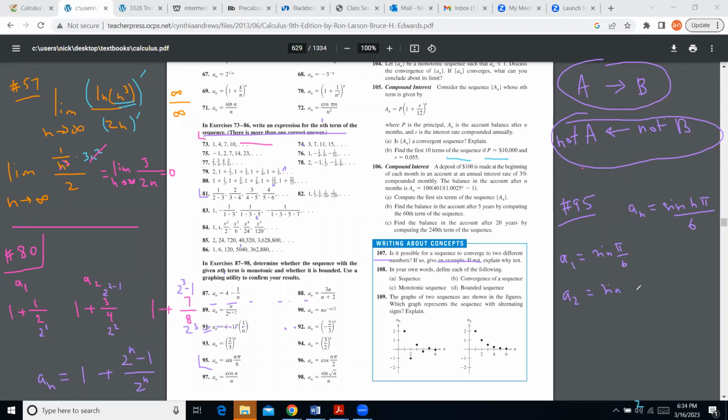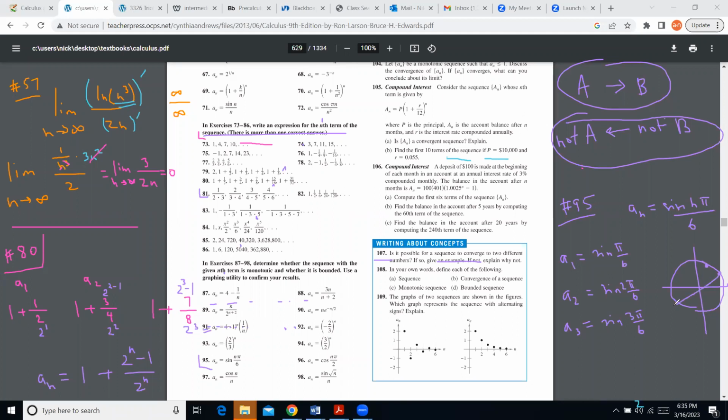Then the next term is 3 pi over 6, and so forth. But the point of the story is that eventually, you'll be running around the circle with the angle pi divided by 6.